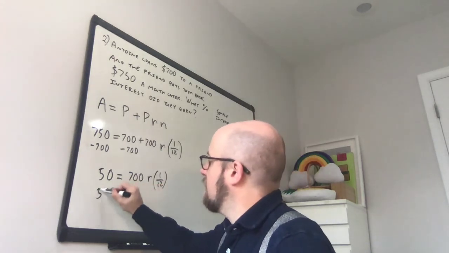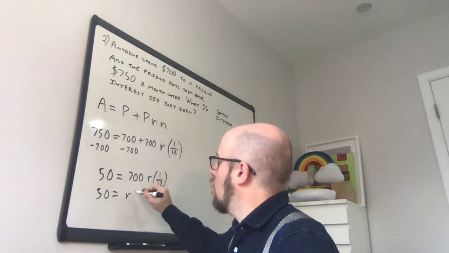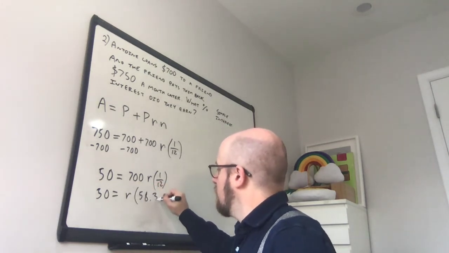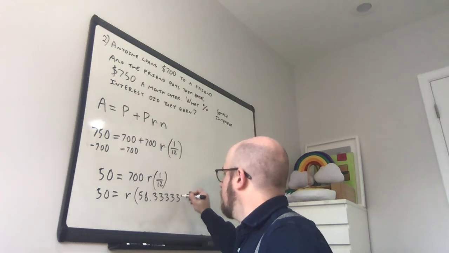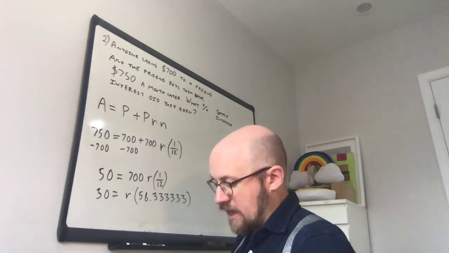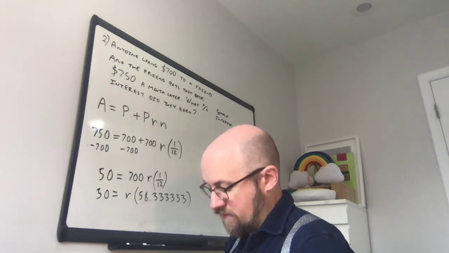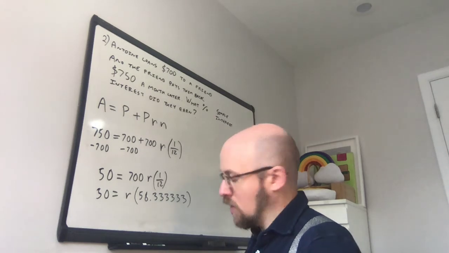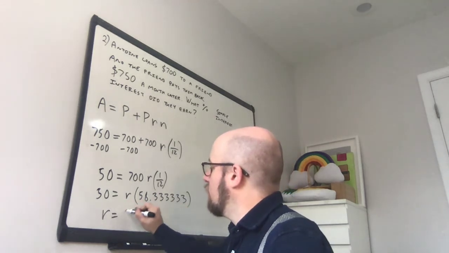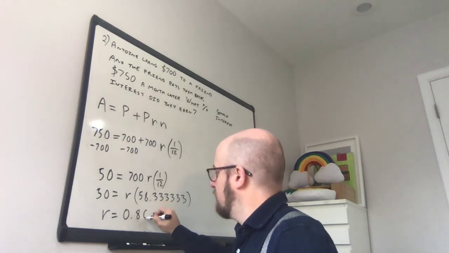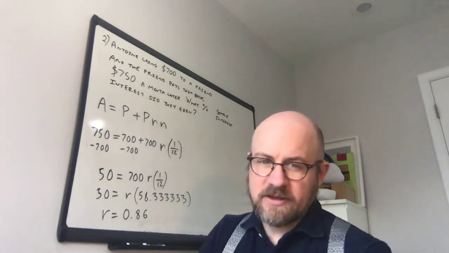So 50 is equal to R times 58.333333. And if we take 50 and divide by that, we get R equals 0.86 if we round. Okay?